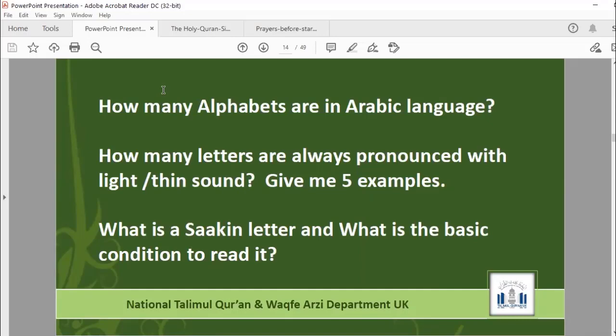So I have these 3 questions, and if anyone can come forward and help me to give answer for these 3 questions. They are simple questions, and if you don't know, then I will go through, but I will really appreciate if you can come forward and give me the answer of these 3 questions.